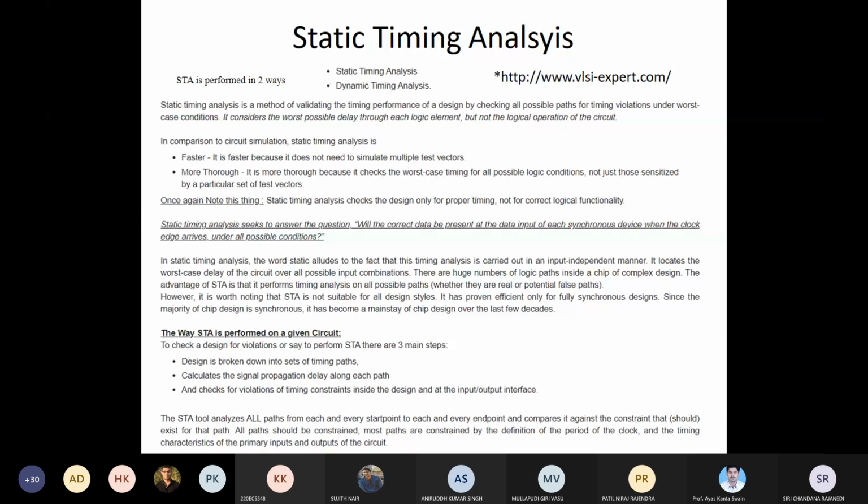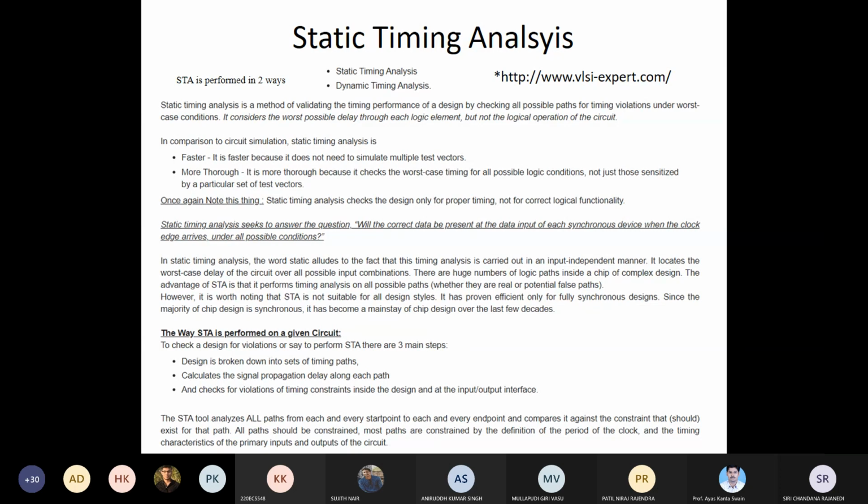That means first you have to break the entire design into various timing paths. Each path may contain data traveling from one flip-flop to another flip-flop. Then you have to find out the entire propagation delay between the input data sent and the output data received. After that, through each flip-flop in that path, you have to verify the timing constraints. Timing constraints means you know the setup time of the flip-flop and the hold time of the flip-flop.